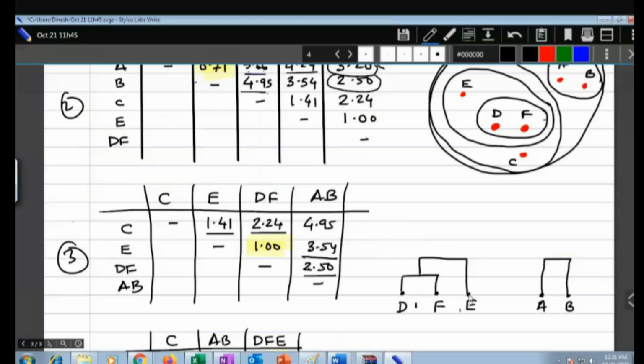So this is E. And then C is merged. So C. And finally this is merged.